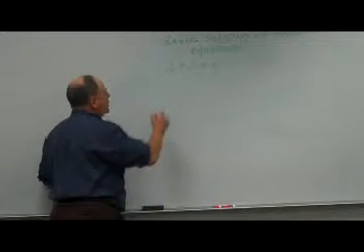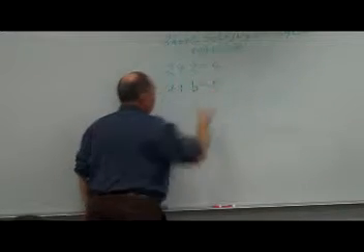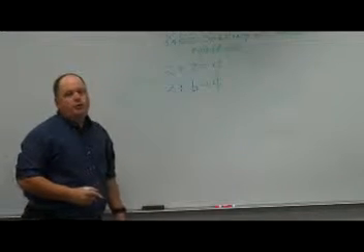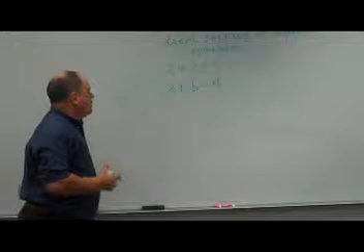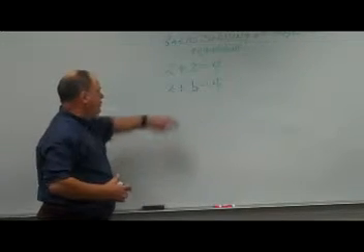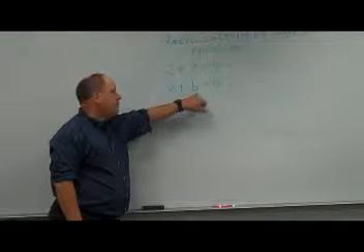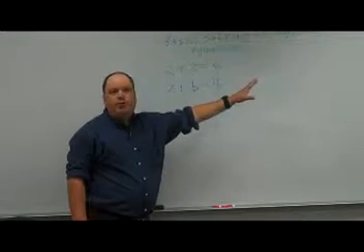So let us say that I go 2 plus B equals 4. Now, in order to solve this equation, I call it the jumping the fence rule. What you want to end up with is the letter on one side of the equal sign and everything else on the other side.